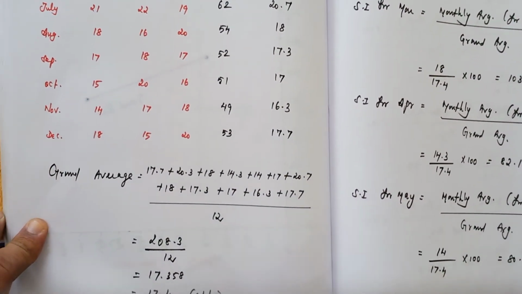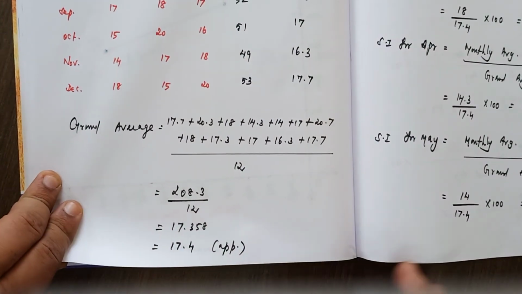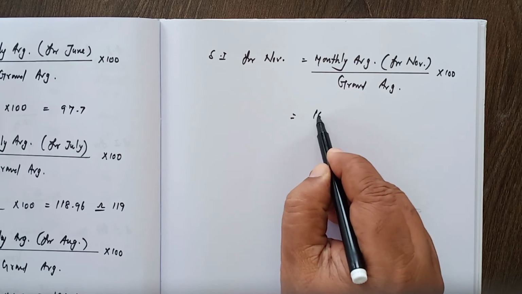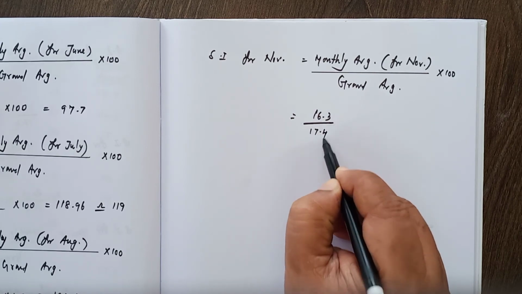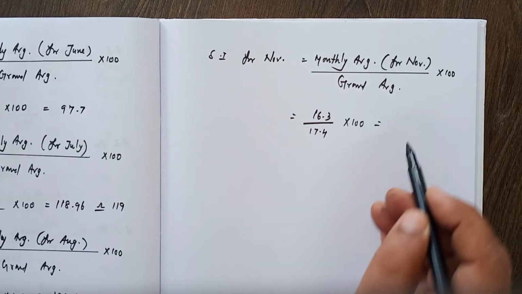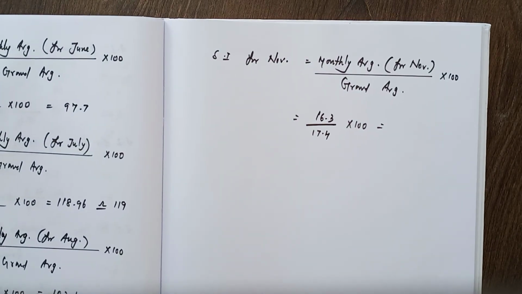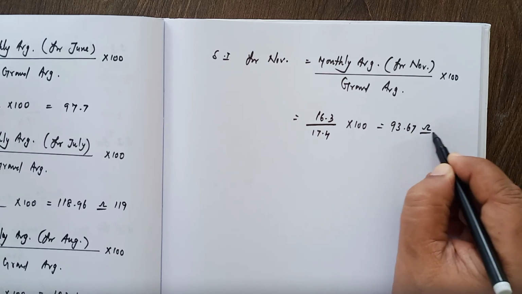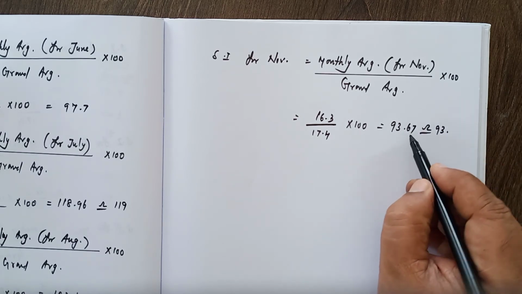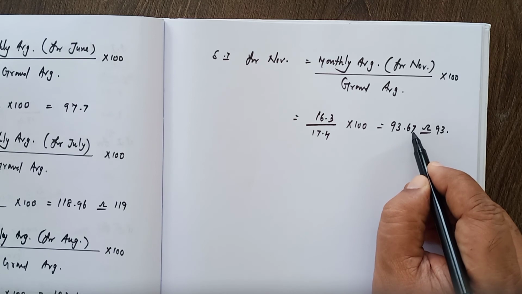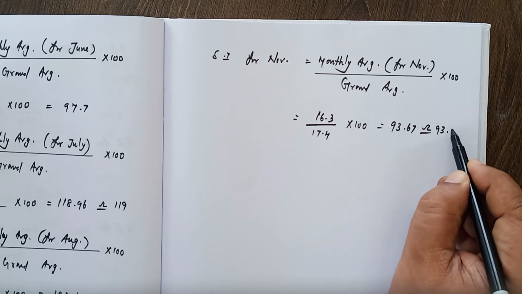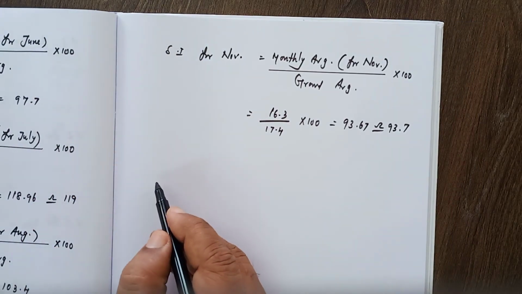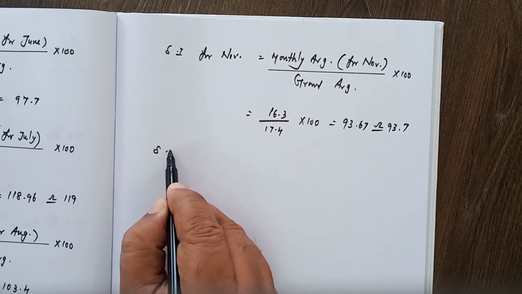Grand average is 17.4. 16.3 divided by 17.4 into 100 is equal to 93.67, approximately 93.7. Since it is 7, 1 can be added with the previous digit, 6 becomes 7. That's the approximate value.